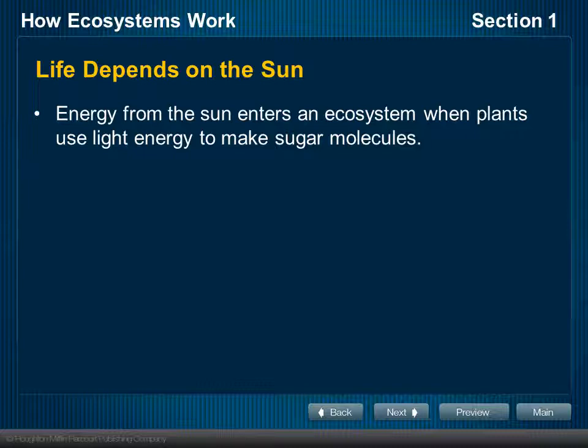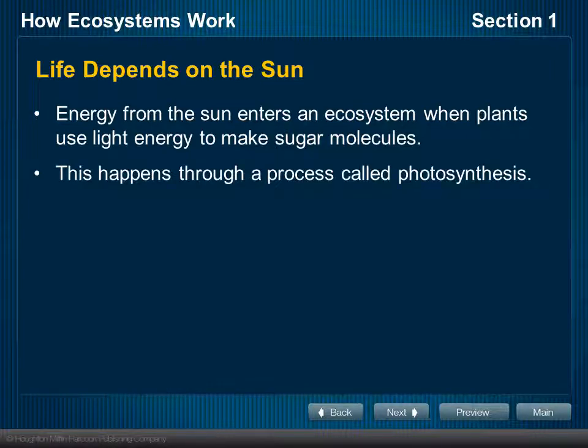Energy from the sun enters the ecosystem, and in particular it enters the ecosystem at the point of plants. Your green plants, the ones with chlorophyll, those are the ones that are using sun energy to make sugar molecules, and from there the energy, as we will see, travels through the ecosystem.